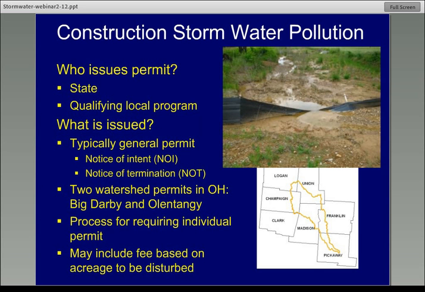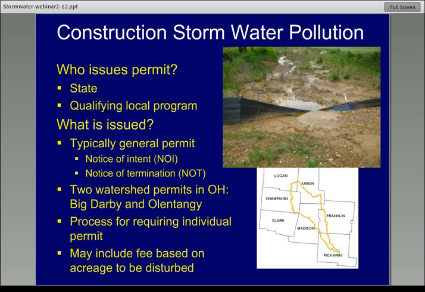It might be a county that already has been doing sedimentation and erosion control for years and years when these programs came into place. In that case, the local program, the county, is given the authority by the state, and the state was given the authority by the federal regulations to issue the permits and to develop the program for enforcement and compliance.